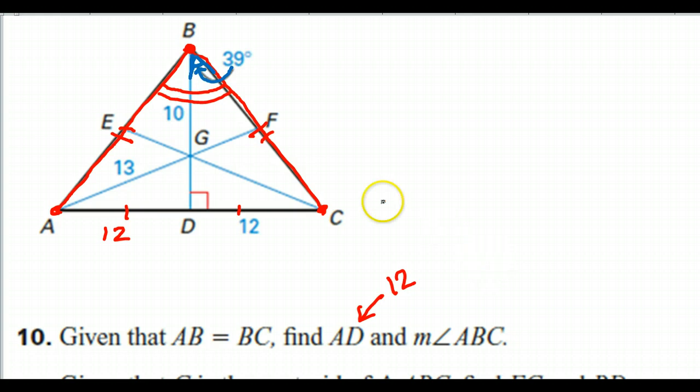Well, I'm hoping you'll realize that 39 degrees must be half. So if I start with 39 degrees and double it, 39 times 2 gives me 78 degrees. That should give me the entire angle. 39 degrees is half of it, and if I want the whole thing, I'm just going to double it. So that's why angle ABC should be 78 degrees.